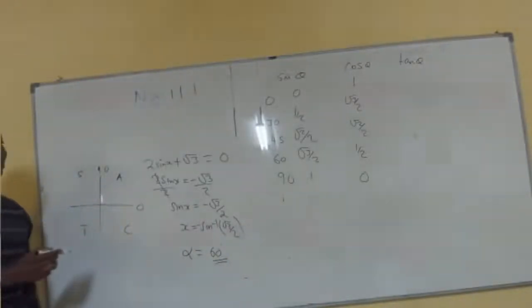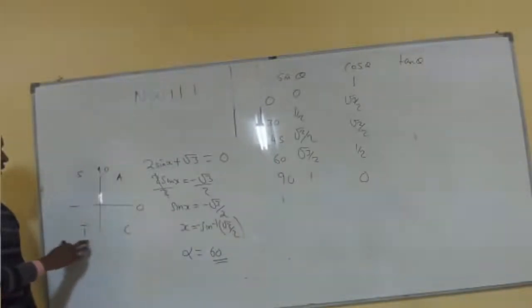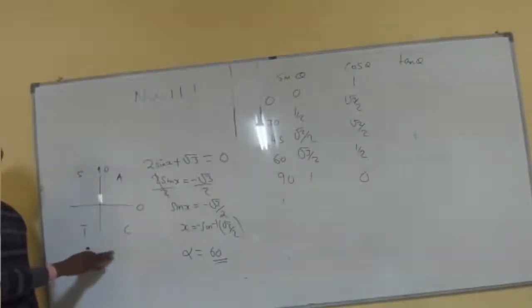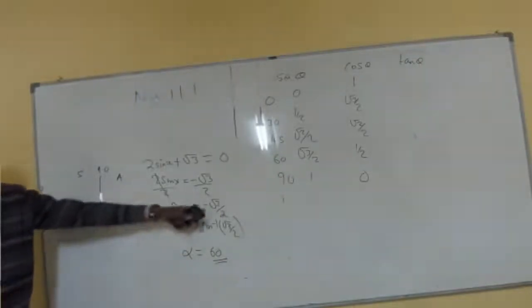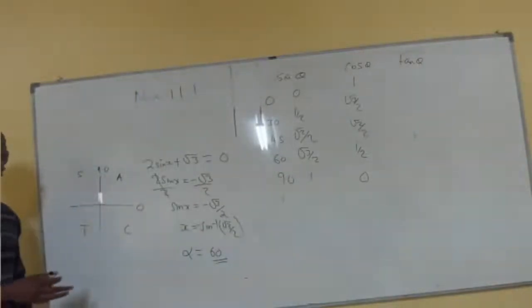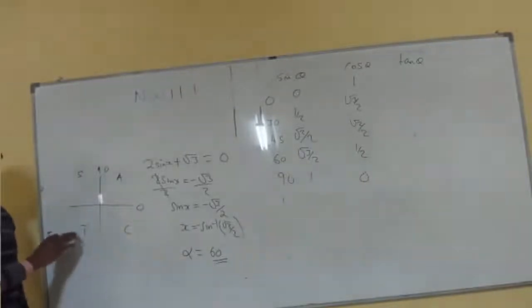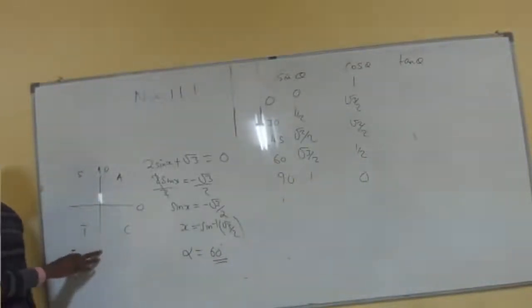This alpha exists in 2 places, the 3rd quadrant and the 4th quadrant, because sine is negative there.